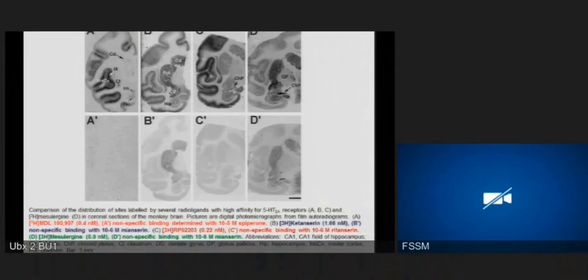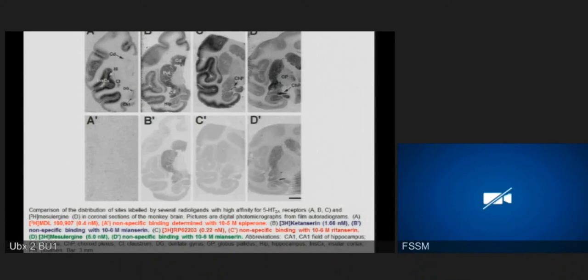So D can label serotonin 2A receptors, but the main part is serotonin 2C receptors. And serotonin 2C receptors can have a higher representation in caudate putamen compared to the cortex.